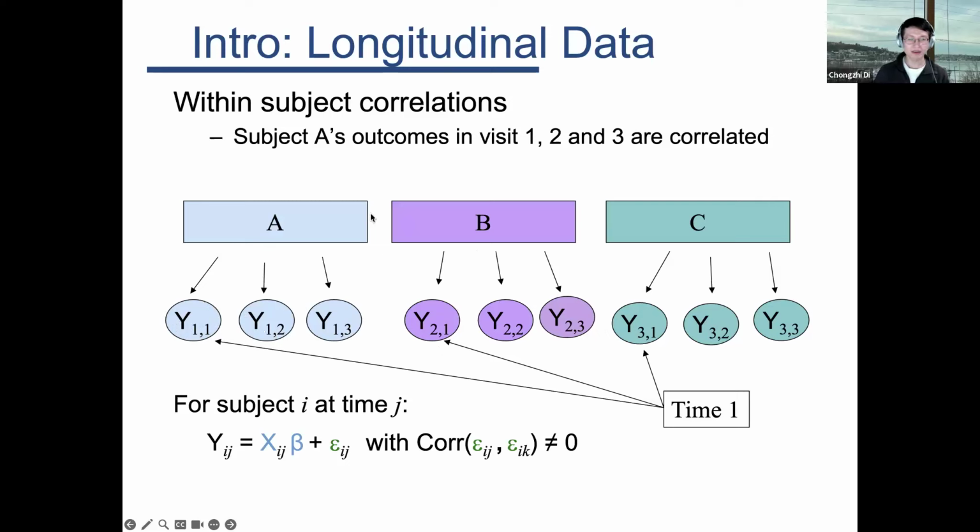I think it's reasonable to assume that different individuals are independent, meaning any measurement for A is independent of any measurement for B because they're different individuals, right? But for the same individual, those three measurements are likely correlated because they share some underlying characteristics of this person. And because this correlation is not zero, it's the main part that we need to take care of in statistical models.